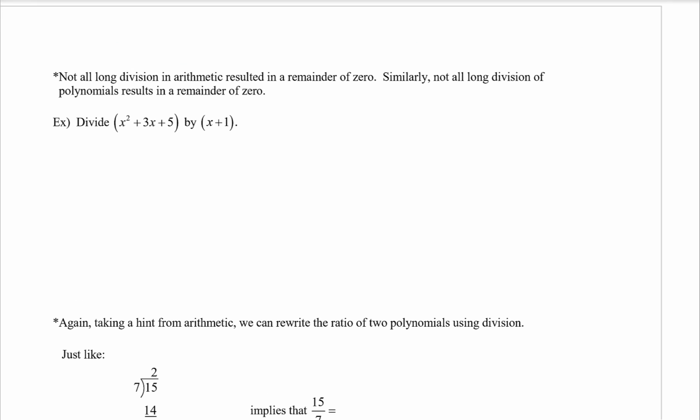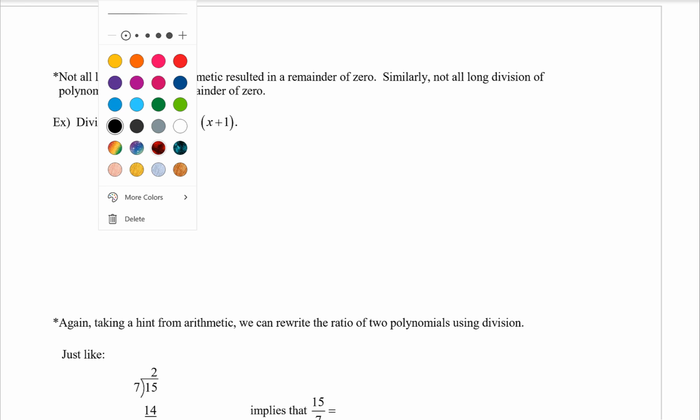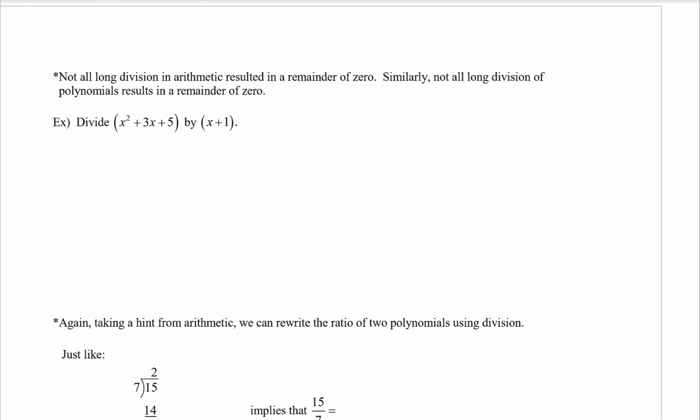Now, that said, not all division produces a remainder of 0. The same is true for polynomials. So if I divide x squared plus 3x plus 5 by x plus 1, well, x times x is x squared, 1 times x is x, and then when I subtract, that's 0, that is 2x, and then I drop down my next number.